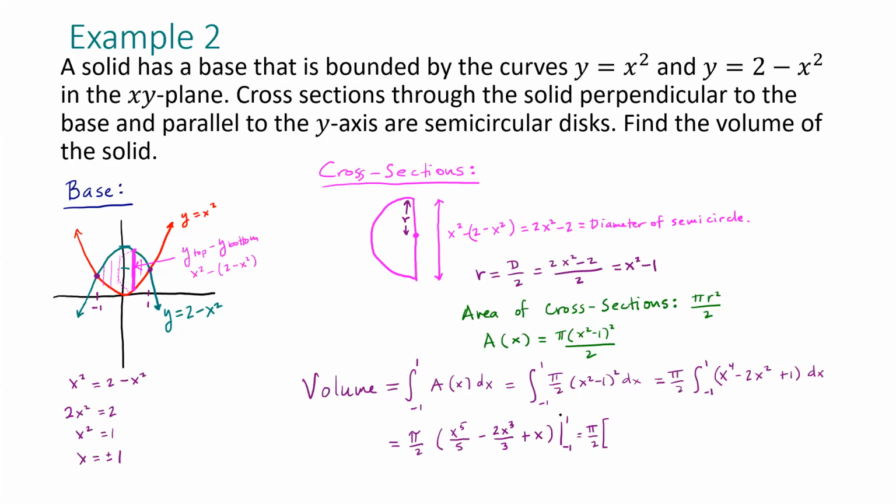So evaluating it at 1, we get 1 over 5 minus 2 over 3 plus 1. Minus evaluating it at -1, I think it just flips the sign.